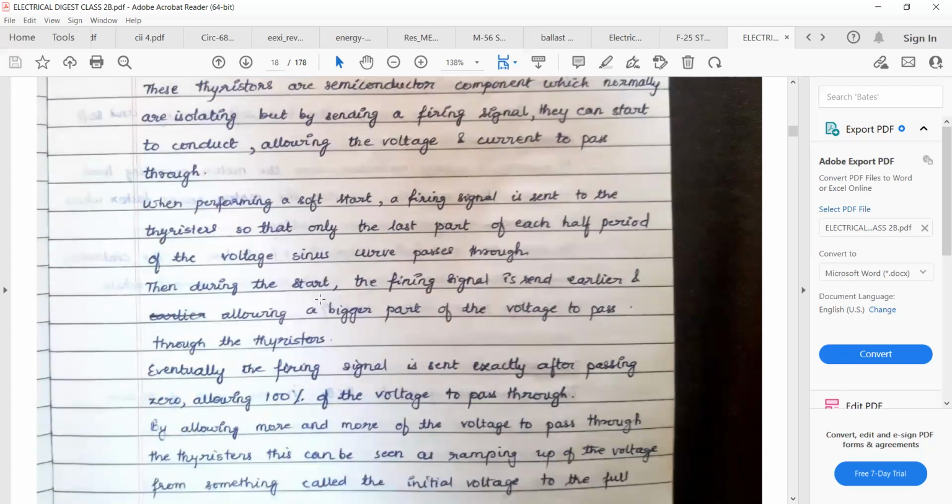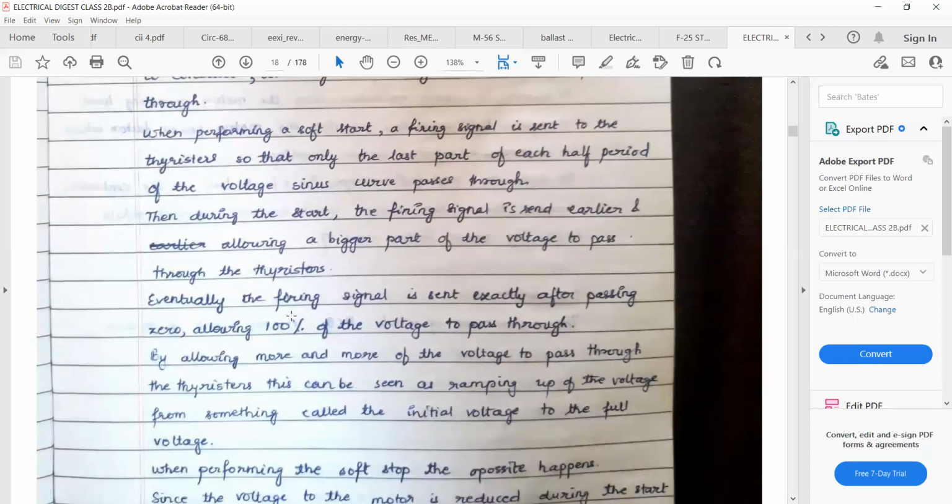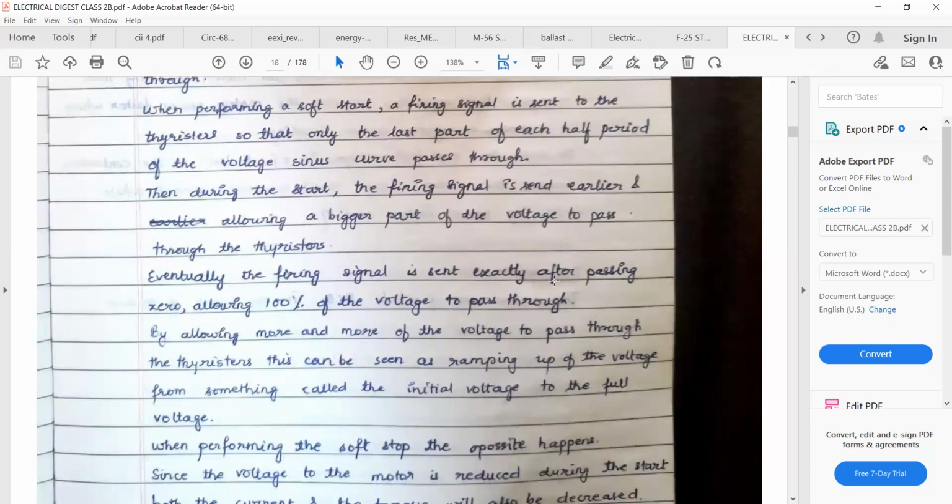Then during the start, the firing signal is sent earlier, allowing a bigger part of the voltage to pass through the thyristor. Eventually, the firing signal is sent exactly after passing the zero, allowing 100% of the voltage to pass through.